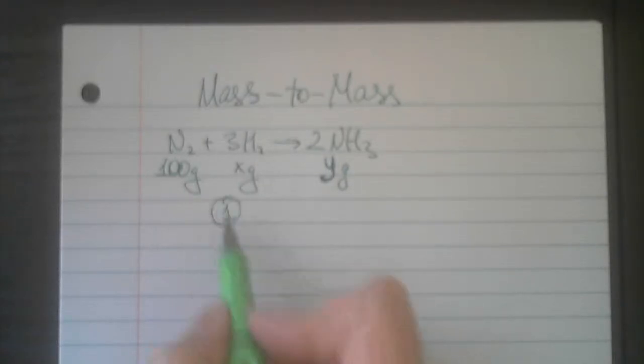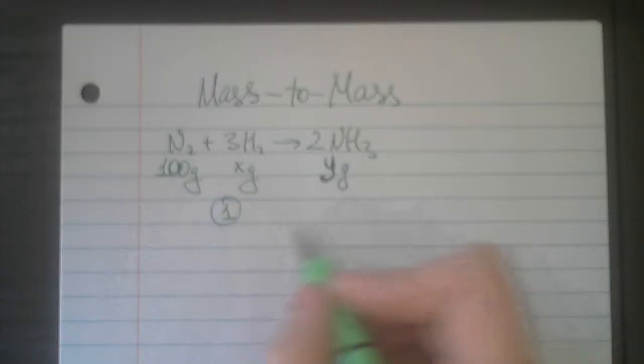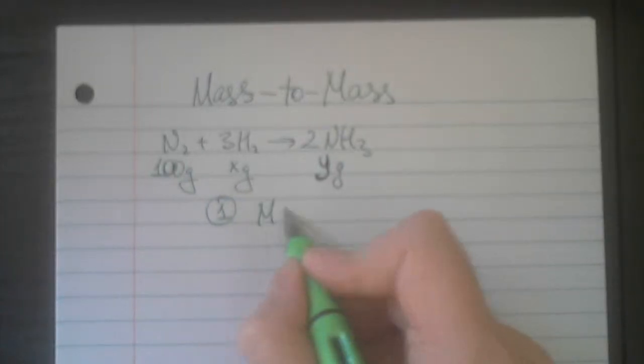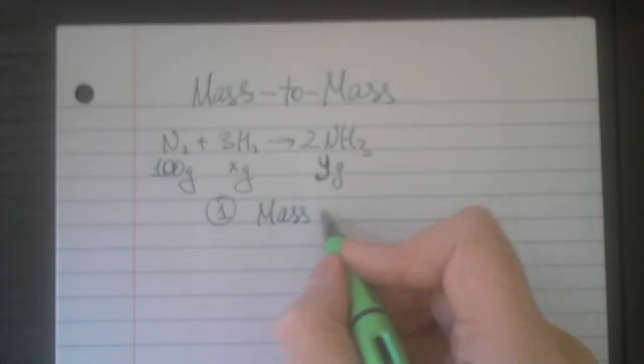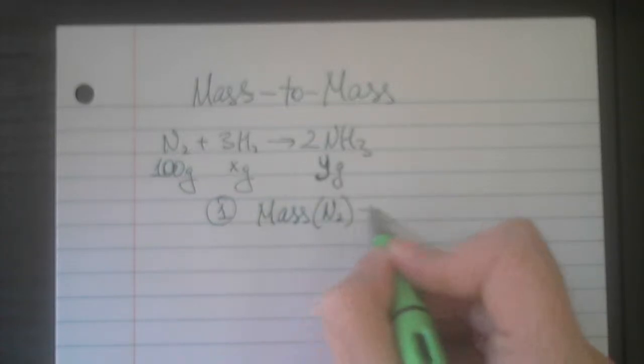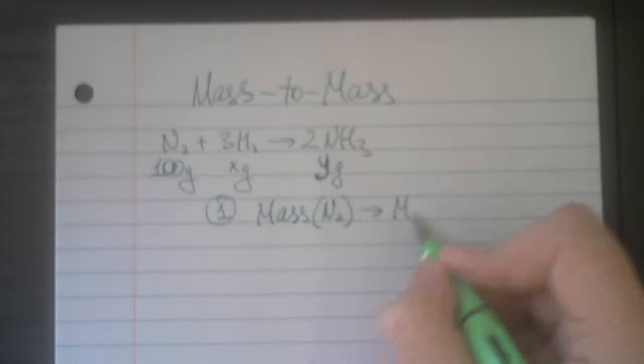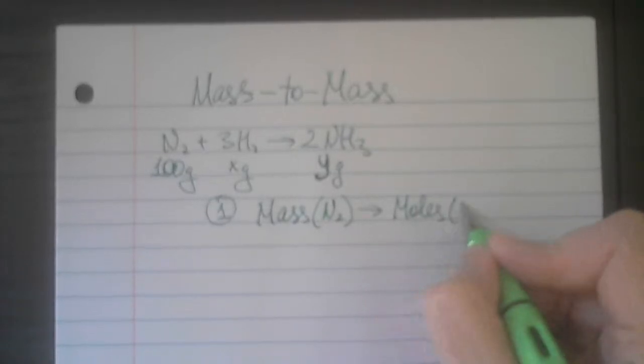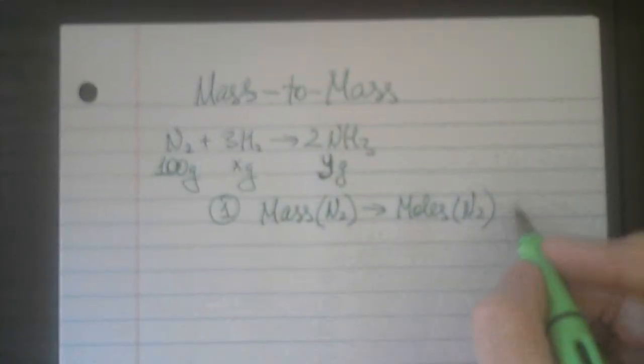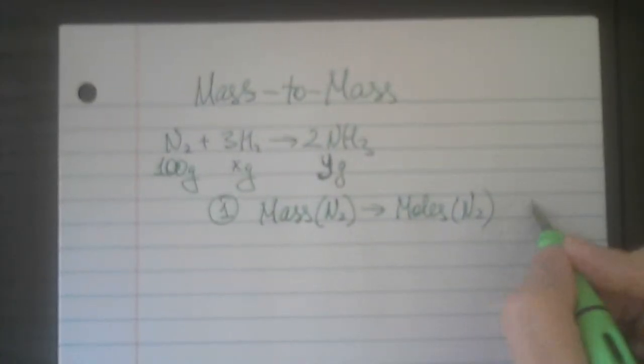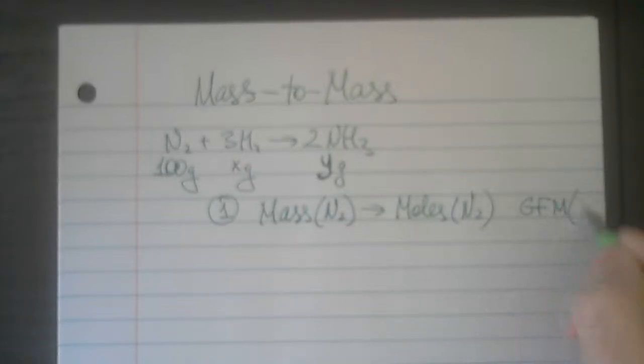Our step number 1 will be to take mass that is given to us and convert mass of our given compound, in this case nitrogen, into the moles of nitrogen. For this purpose, I will be using gram formula mass of nitrogen, and that will be my conversion factor.